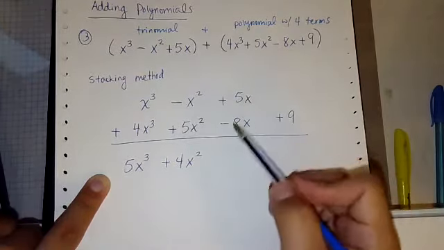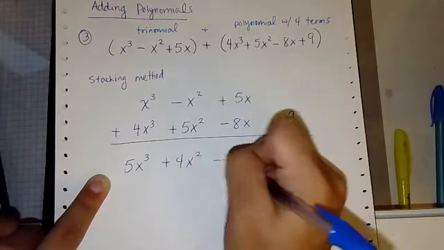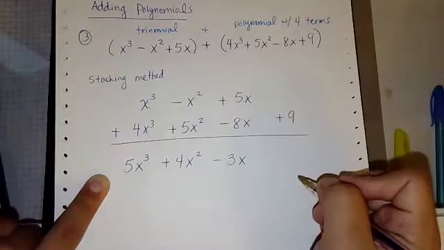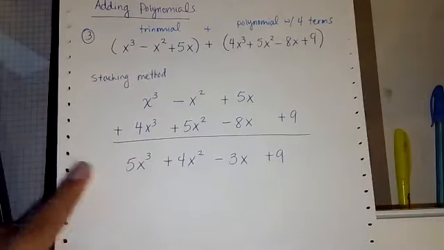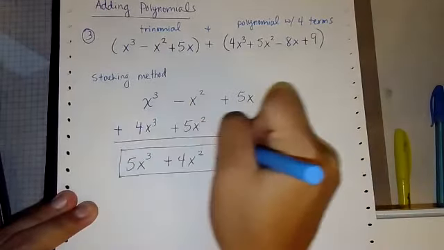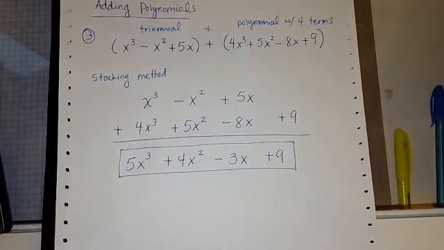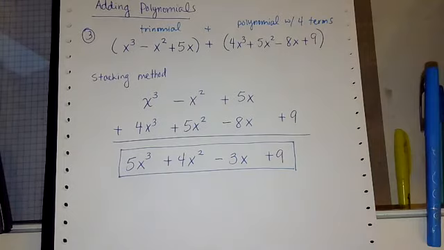And then if I have 5 minus 8 of these terms, then that should be -3x. And then we can just bring the 9 down. And this will be your answer. Does that make sense?